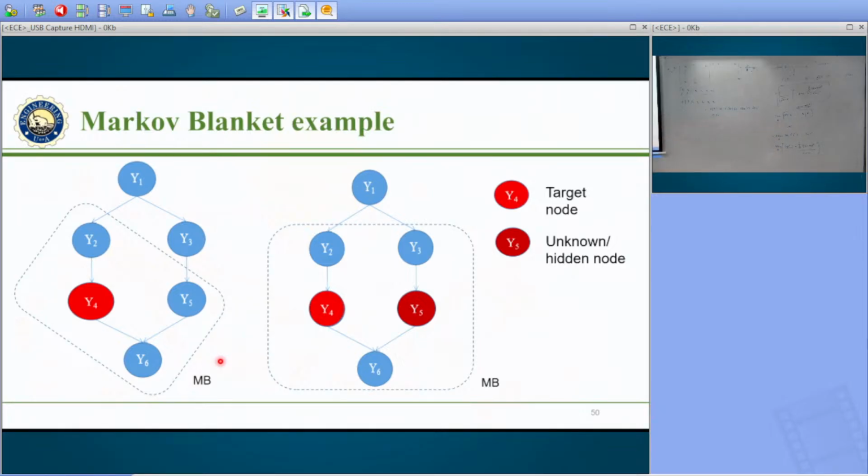If I know Y1, then Y2 depends only on Y1, because Y1 is causing this one actually. So if I know Y1, then Y2 is independent of Y3. The same way, if I know Y1, Y3 is independent of Y2. That's fine, right? Agree? So that's a common cause relation.